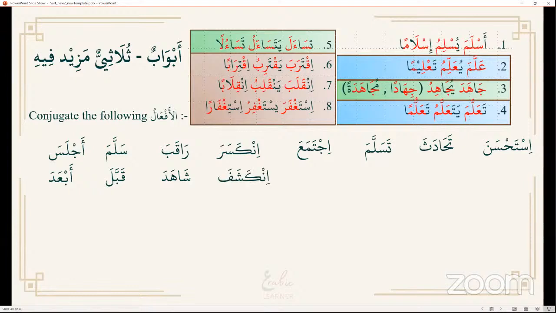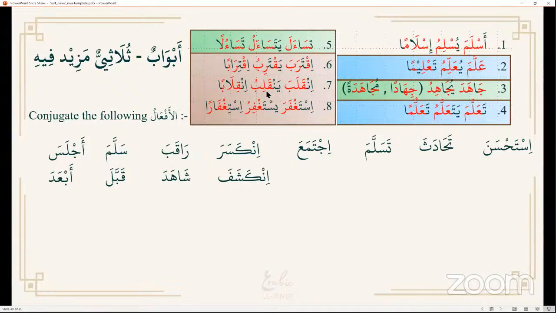Inkashafa. Inkashafa will be from the inqalaba family. Inkashafa, yankashifu, inkishafan.